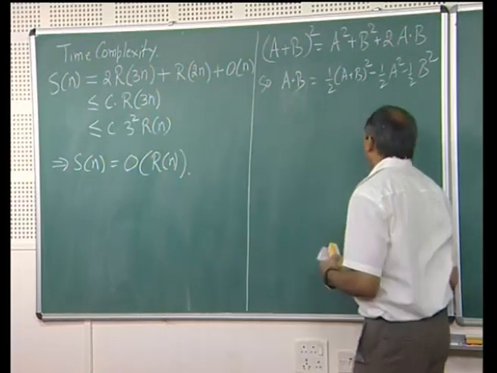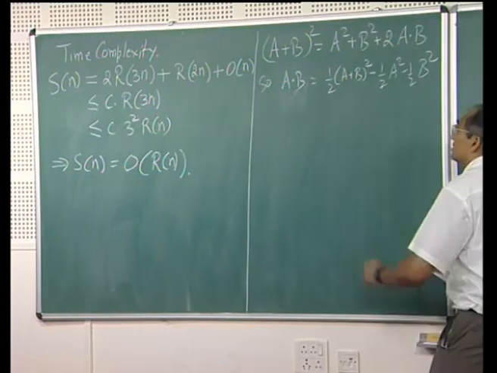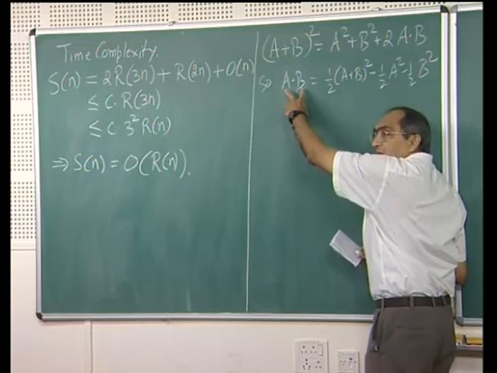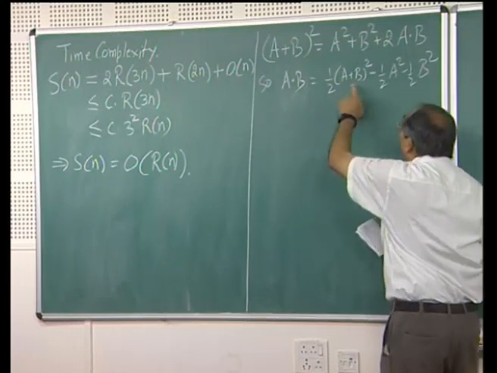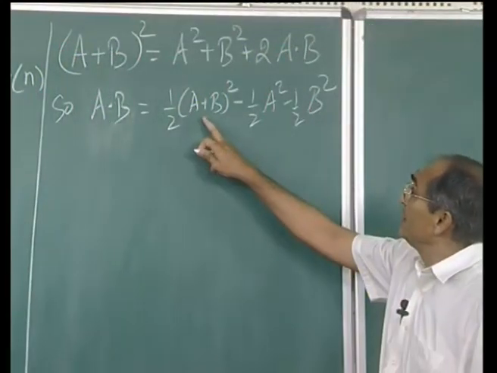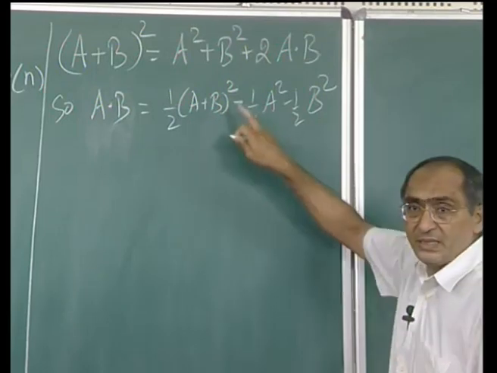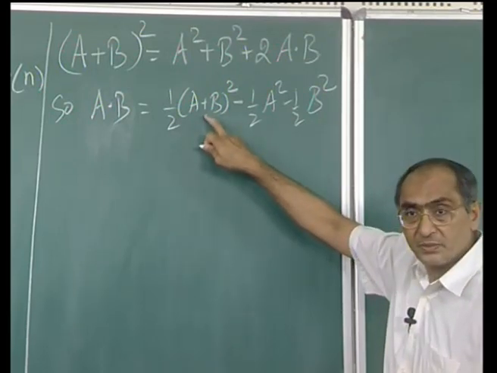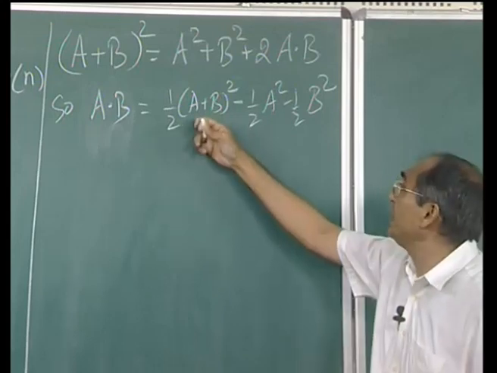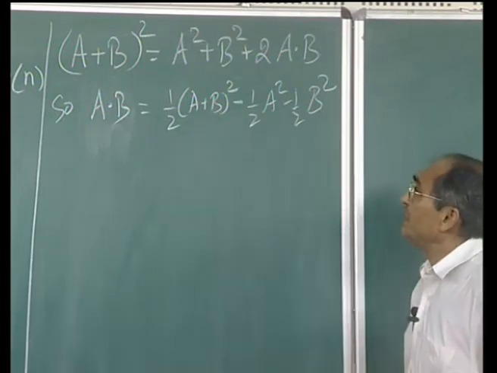So you can compute the product of two polynomials, say both of degree n minus 1, by squaring these three polynomials. Each is of degree n minus 1, because when you add the degree does not change. So you have done 3 squarings.